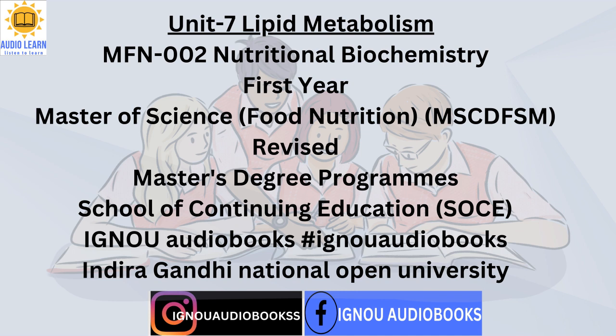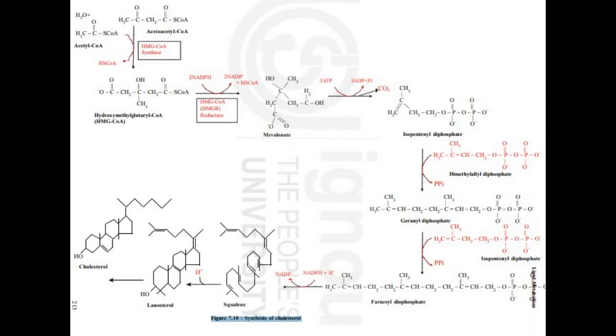2 moles of acetyl-CoA are condensed in a reversal of the thiolase reaction, forming acetoacetyl-CoA. Acetoacetyl-CoA and a third mole of acetyl-CoA are converted to HMG-CoA by the action of HMG-CoA synthase. HMG-CoA is converted to mevalonate by HMG-CoA reductase, HMGR. This enzyme is bound in the endoplasmic reticulum.